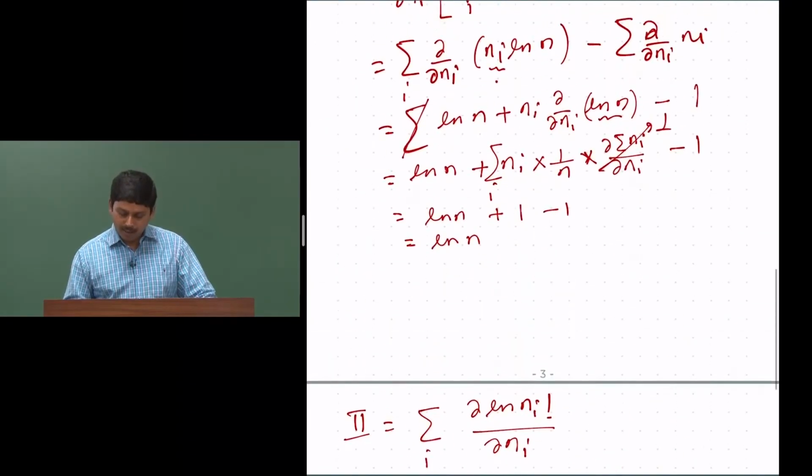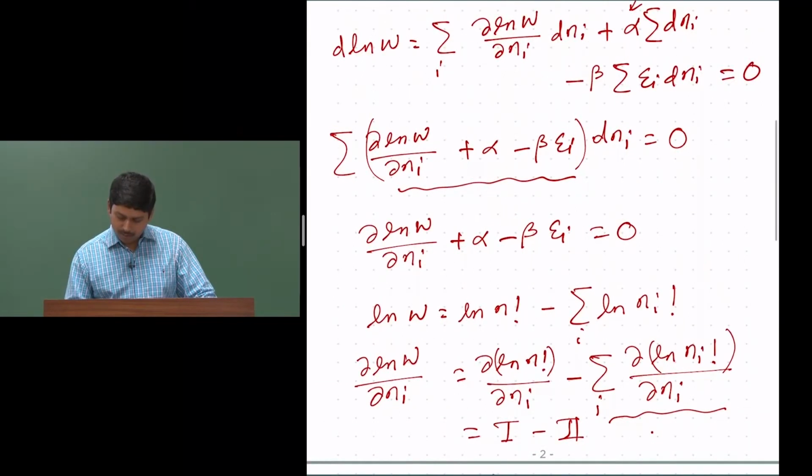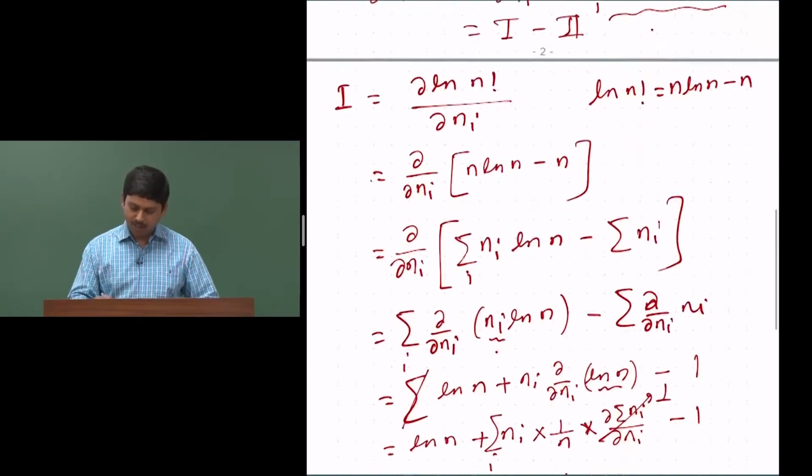Now, when I combine that with the other terms coming from this equation, going back to this equation, let us call it equation 1. Plugging that into equation 1, we got this one as ln n by Ni plus alpha minus beta Ei.